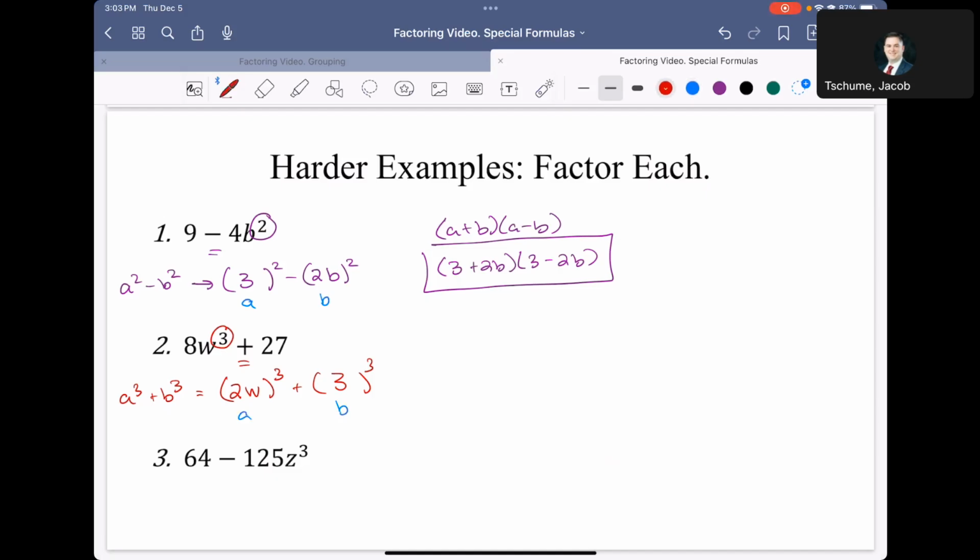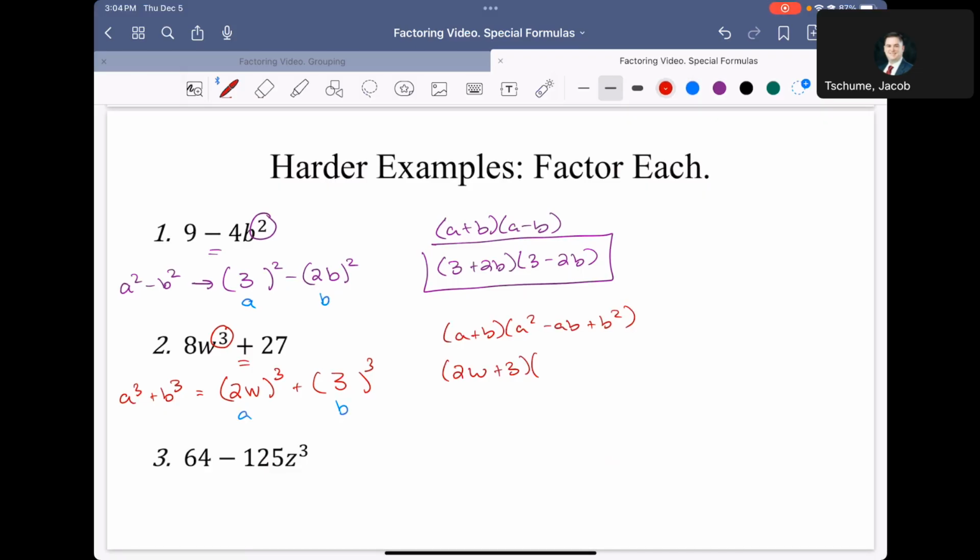And if I go to my sum of cubes formula, because we're doing addition, that would be A plus B, A squared minus AB plus B squared. And then I'm going to plug my numbers in. So this will be 2w plus 3.